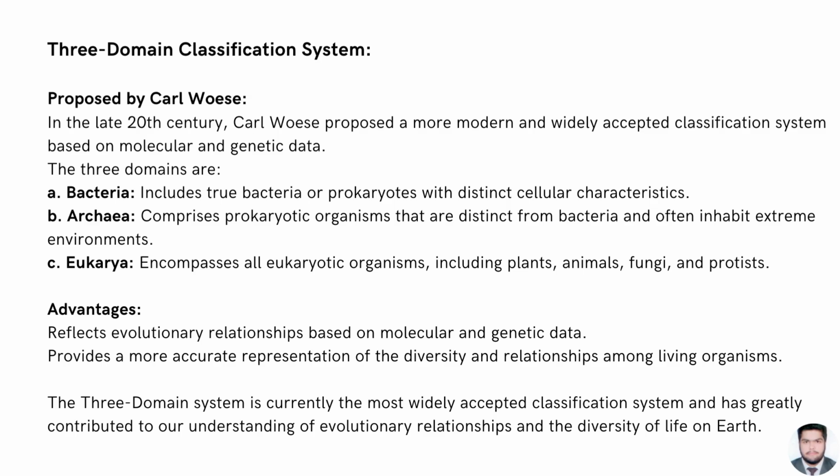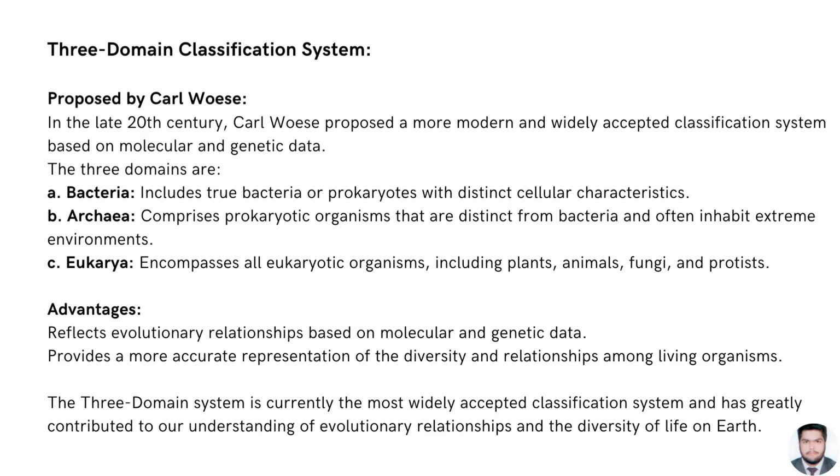Bacteria includes true bacteria or prokaryotes with distinct cellular characteristics. Archaea comprises prokaryotic organisms that are distinct from bacteria and often inhabit extreme environments. Eukarya encompasses all eukaryotic organisms, including plants, animals, fungi, and protists.